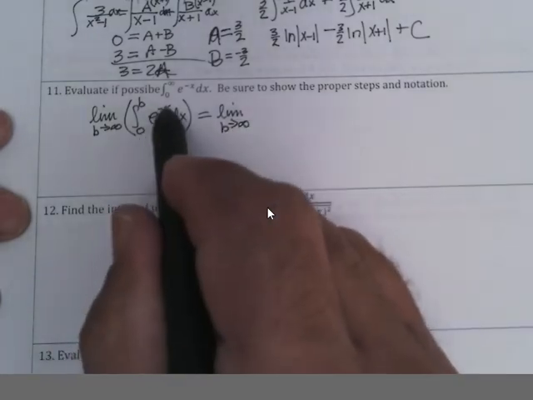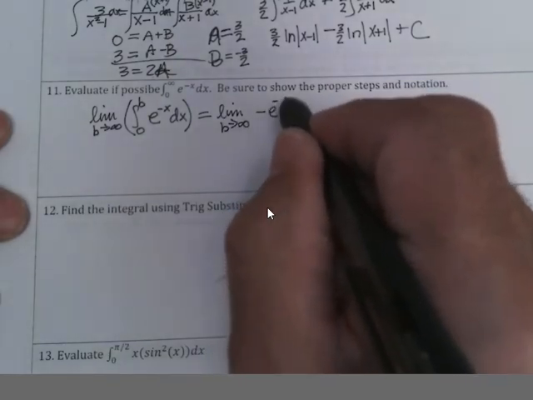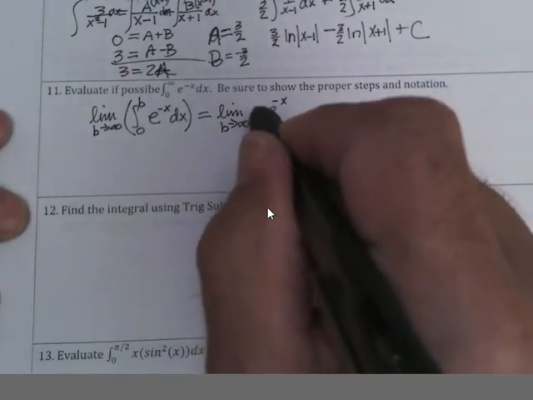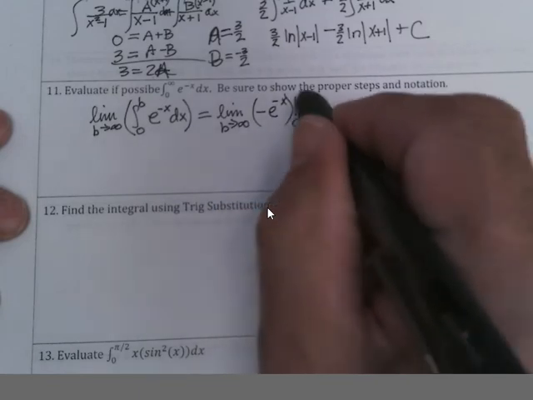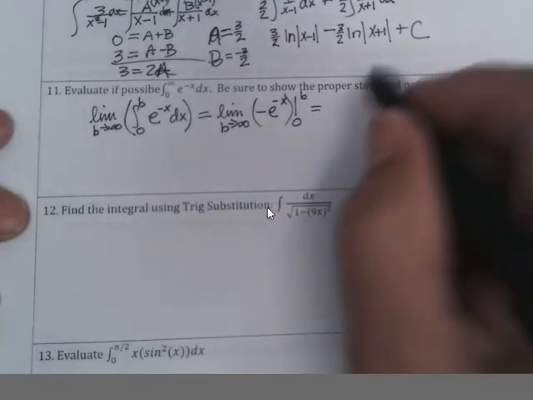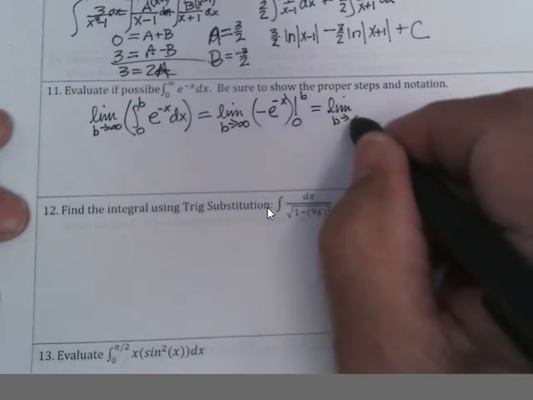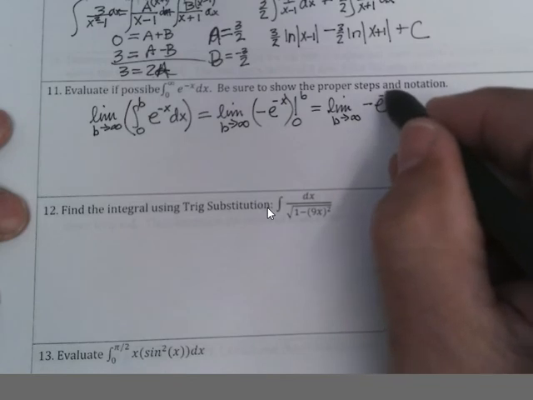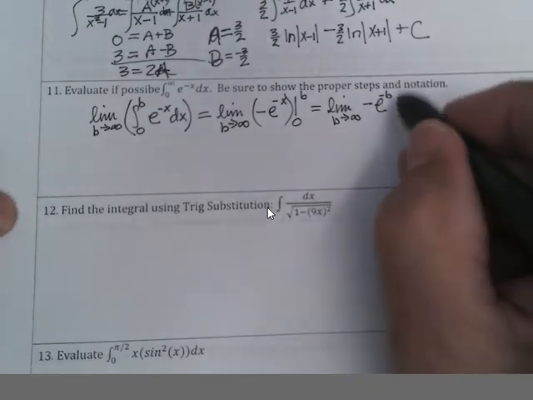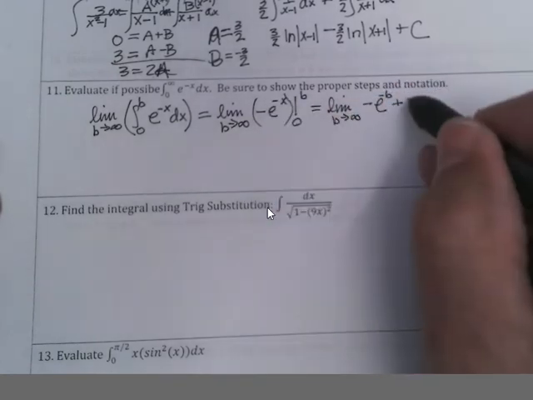The antiderivative of e to the negative x is negative e to the negative x, evaluated from 0 to b, which becomes, not doing the limit yet, negative e to the negative b minus a minus, which is plus, and e to the 0 is 1.